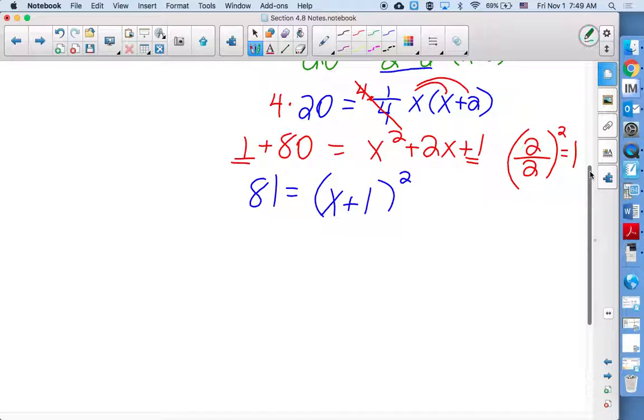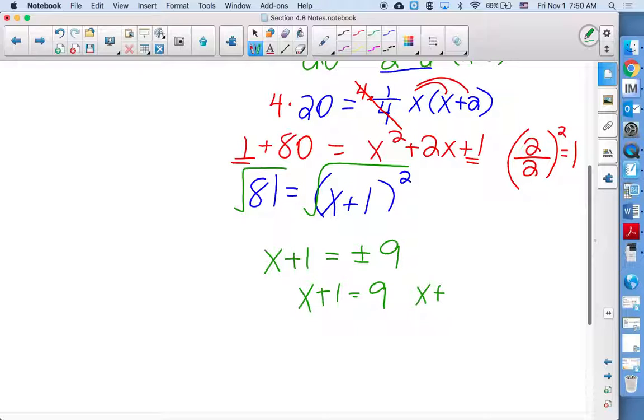And then taking the square root, I end up with x plus 1. Don't forget the plus or minus. Plus or minus 9. So x plus 1 is equal to positive 9 and negative 9. But I know my answer has to be positive, so the negative 10 option would not work.